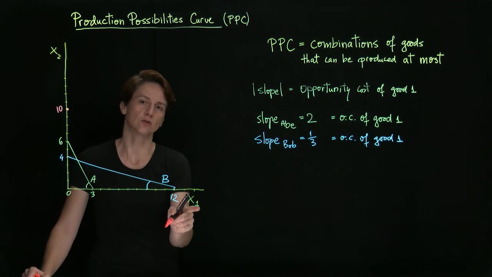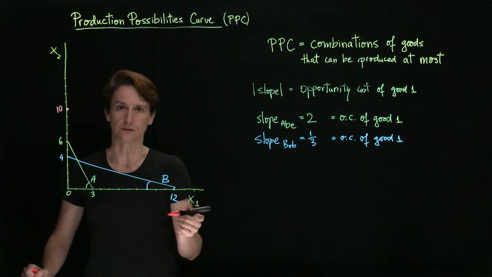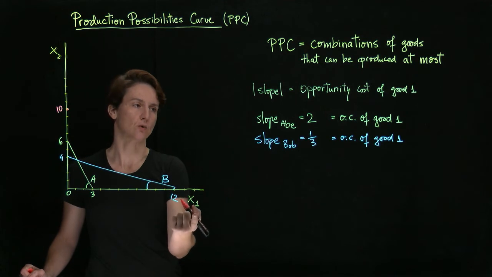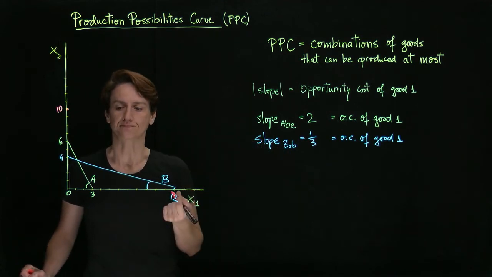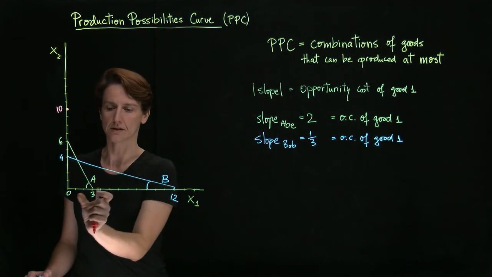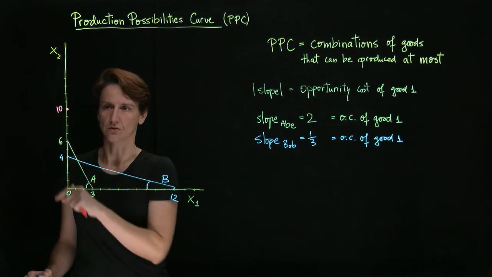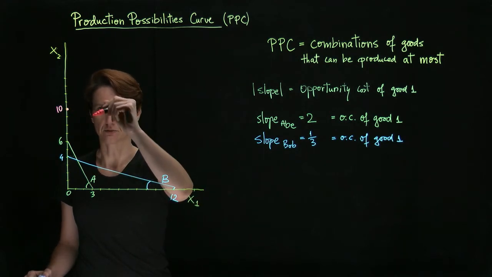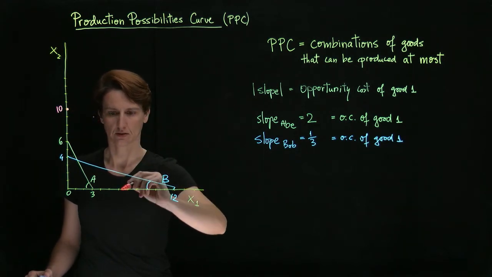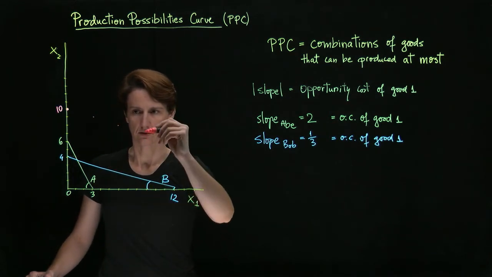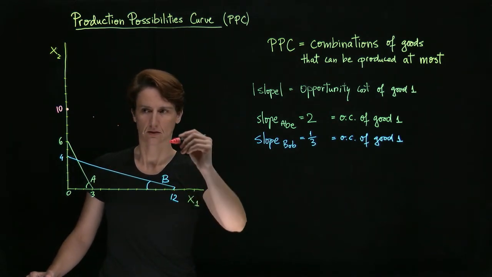Now, as they're starting to make good 1, who will make the first units? Well, who has the lowest opportunity cost of good 1? That's Bob. So every time Bob wants to make 3 units of good 1, he has to stop making 1 unit of good 2. That means that to go over by 3, he goes down by 1, and again, and again, and again.